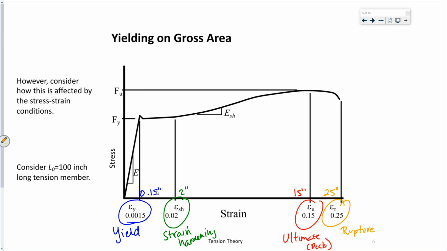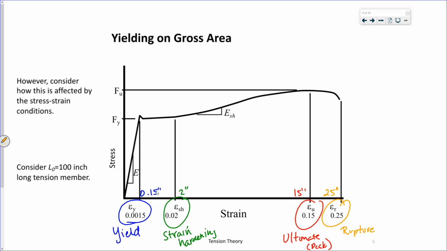So when we look at yielding as a limit state, we actually just choose the yield stress because, right, that's only 0.15 inches. That's not a lot. 2 inches might be a little bit too much deformation.